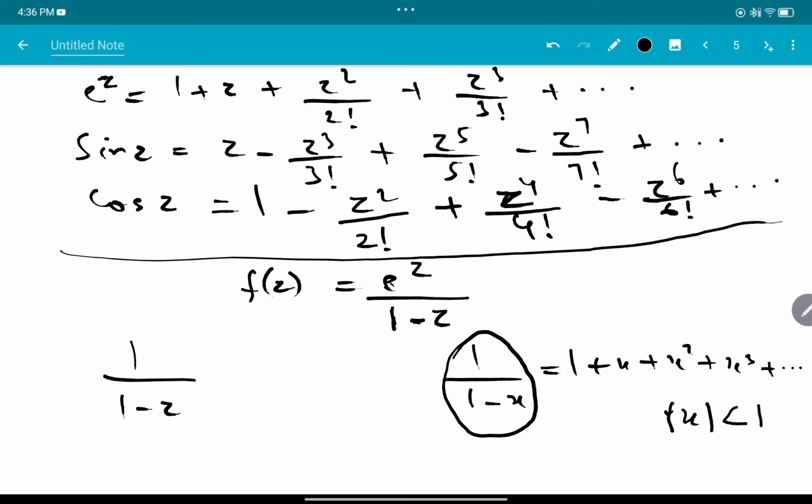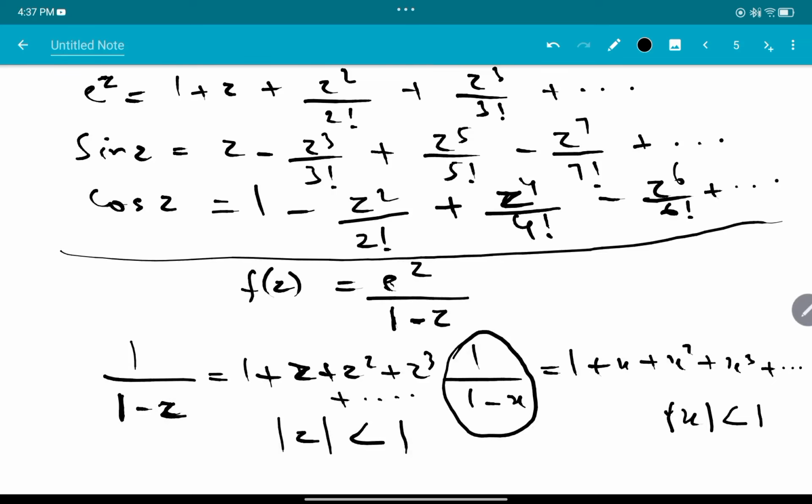Now, this series expansion of 1 by 1 minus z, I can write as 1 plus z plus z square plus z cube, but there is a caveat, that is mod z should be less than 1.